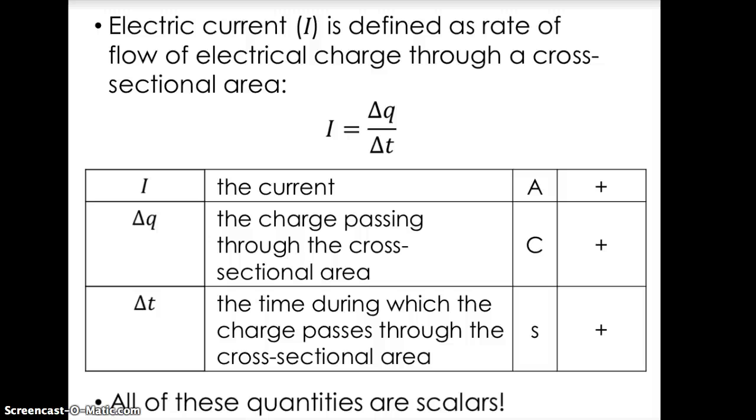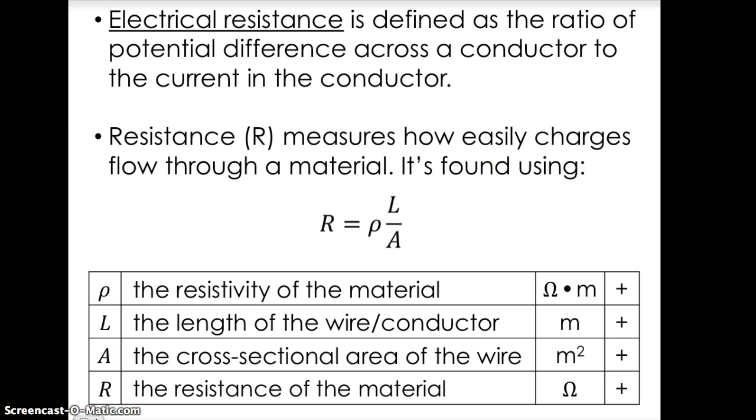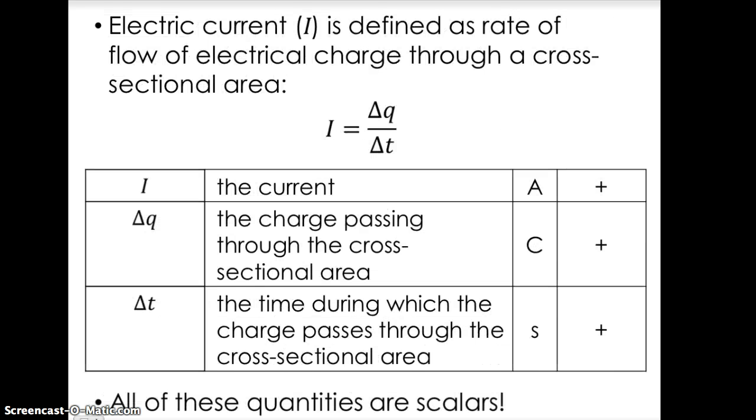Those charge carriers are electrons. But even though electrons flow, we say that there are these positive holes which flow in the opposite direction to electrons, and that's what we use as our charge, right? The positive holes.